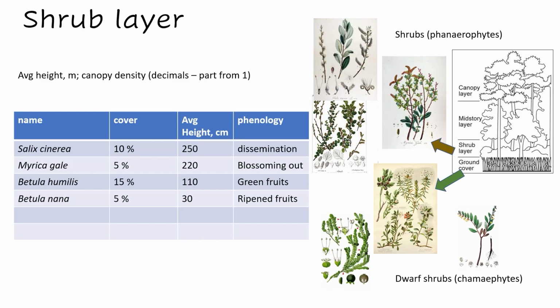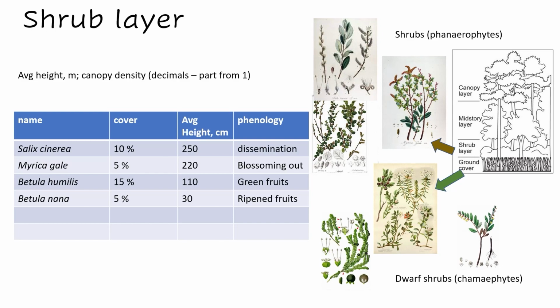Shrubs belong to the living form called phanerophytes. These are plants whose buds spend their winter in the air. And chamaephytes is the living form of plants which have their buds in winter time near the soil or inside the soil. So this is the difference between dwarf shrubs and shrubs.